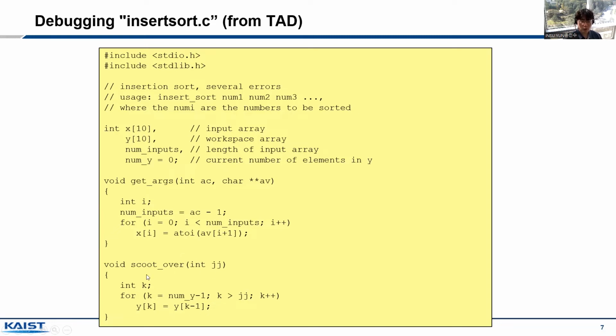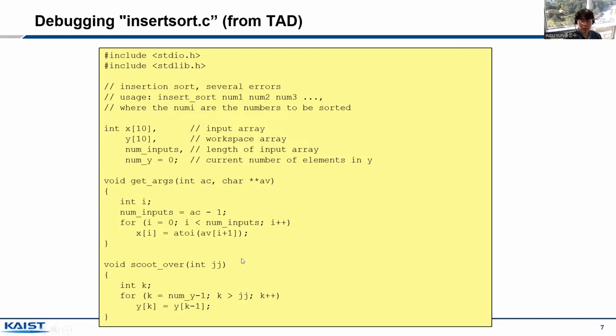And what this function does is scoot over. You can think of this function as a push down. If we give it j, it moves all the elements from j. We want to shift all inputs from j by 1.